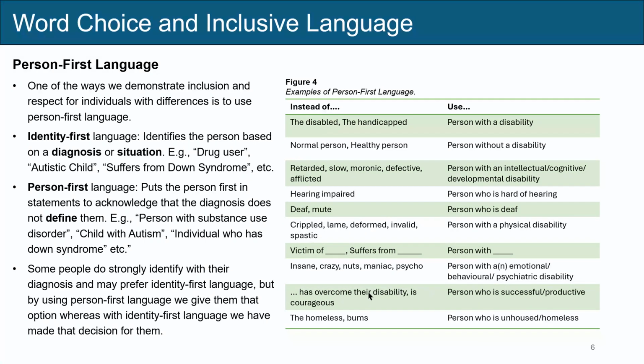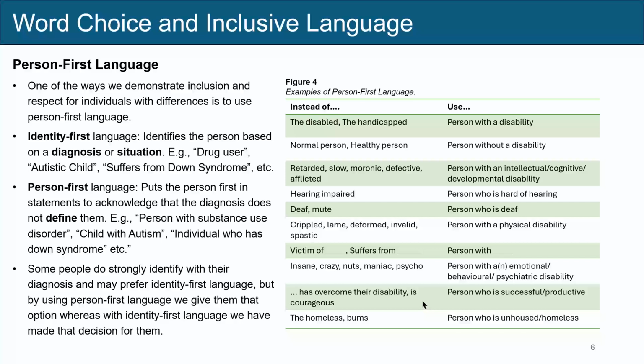Similarly, you want to be careful about over-complimenting people who have differences. So, using phrases like "overcome their disability" or "is courageous" when they're just doing things that are normal for themselves. So, if somebody is presenting up on a stage and they're talking about how their specific diagnosis has impacted them, that in and of itself doesn't make them courageous.